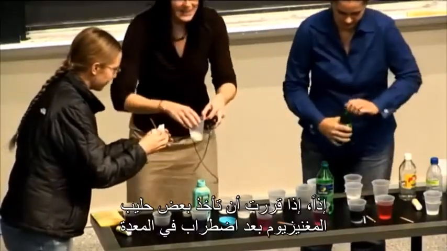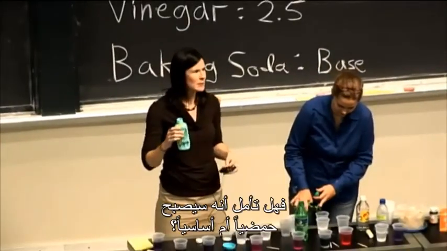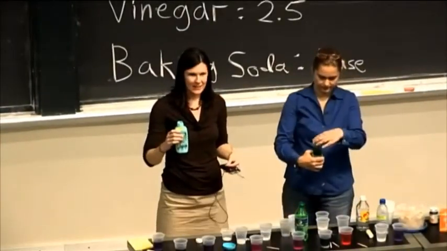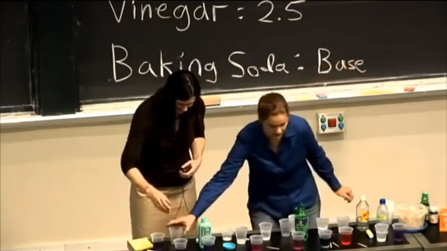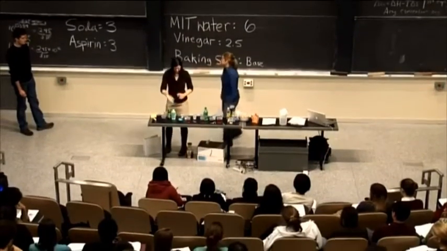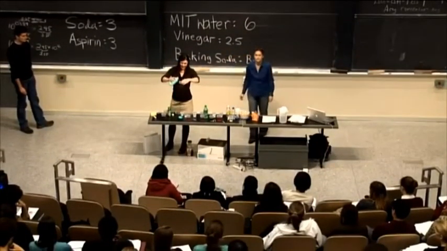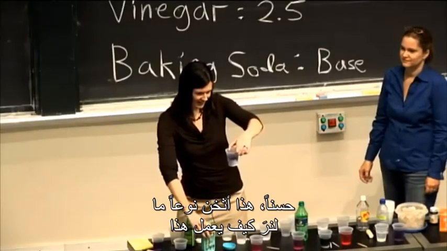So if you decide to take some milk of magnesia after an upset stomach, are you hoping it will be acidic or basic here? All right, let's see what we get. All right, so this is kind of thicker, so let's see how this works.